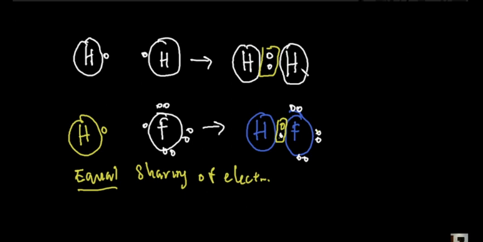In a situation where you have unequal sharing, it becomes dative. A dative covalent bond is a form of covalent bond which involves sharing of electrons, but only one of the combining atoms brings the shared pair. So consider something like an ammonia molecule. This ammonia molecule has a lone pair of electrons.